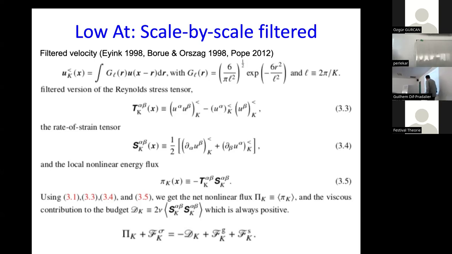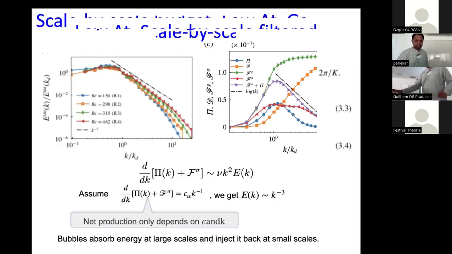What you end up getting in the steady state is that the nonlinear flux plus the transfer because of surface tension is balanced by viscous dissipation and injection due to buoyancy, and if there is any stirring, but there is no stirring. So the transfer mechanisms are balanced by viscous dissipation and injection by buoyancy.